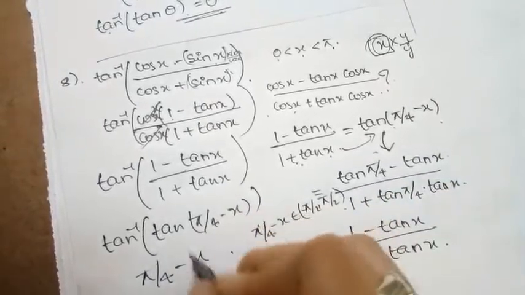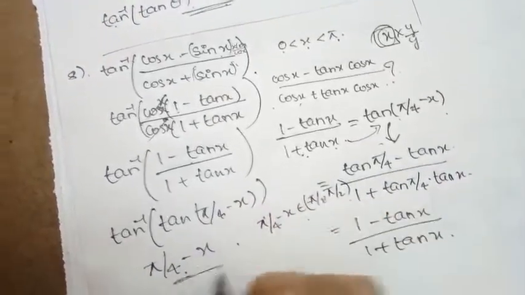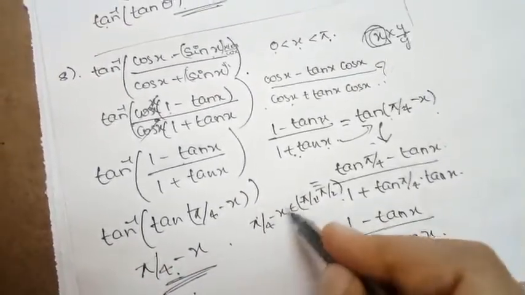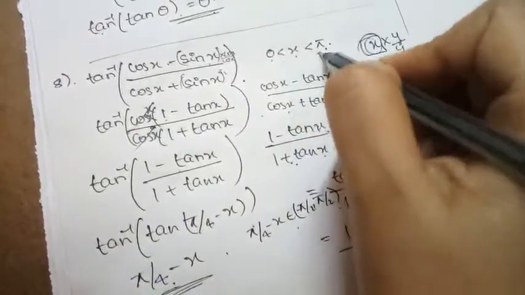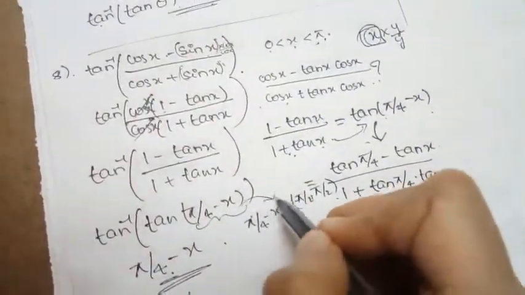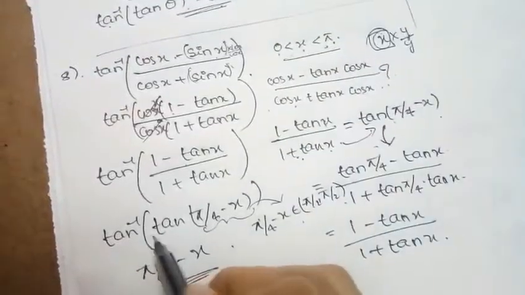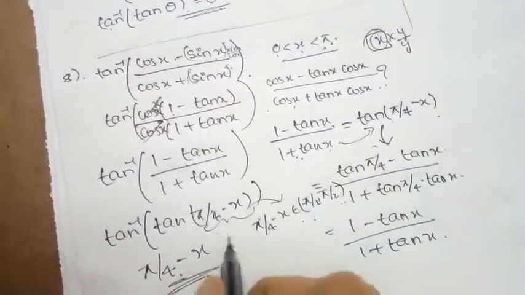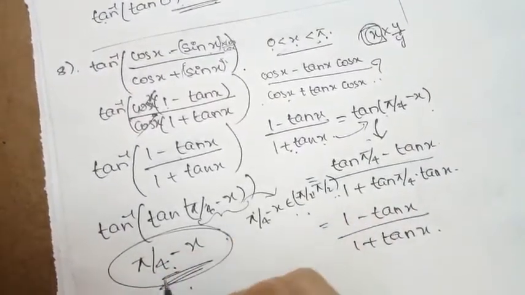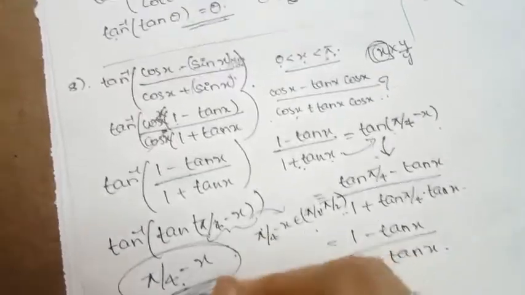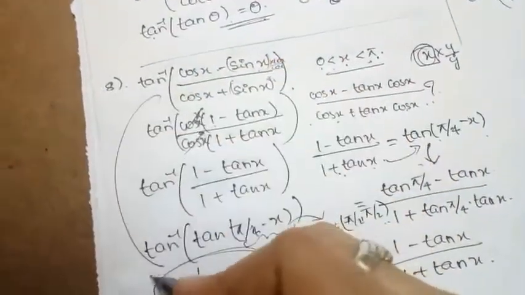So clearly this value is lying between that value. You can observe here where the value of x belongs. By comparing this one and this one, this value is lying between minus pi by 2 and pi by 2. So tan inverse of tan(pi by 4 minus x) is equal to pi by 4 minus x. So this is the simplest form of this question.